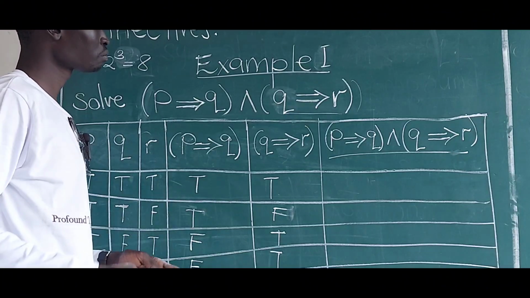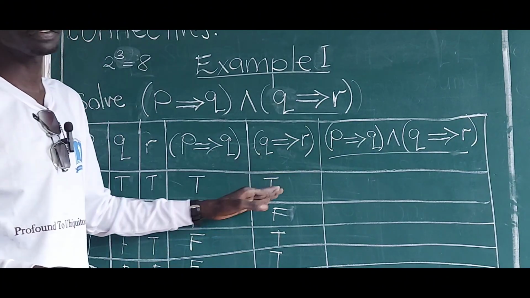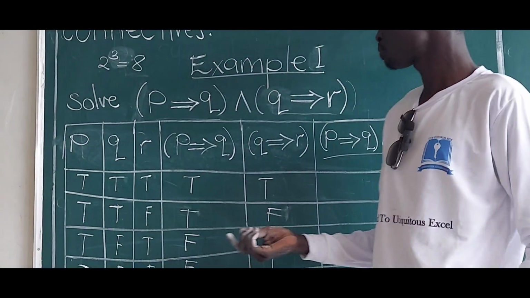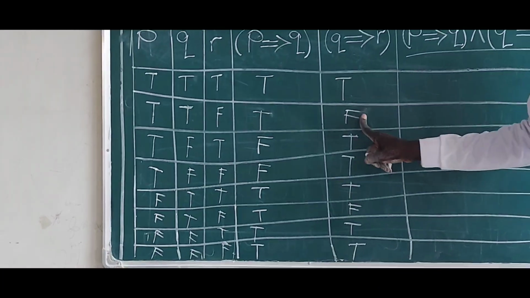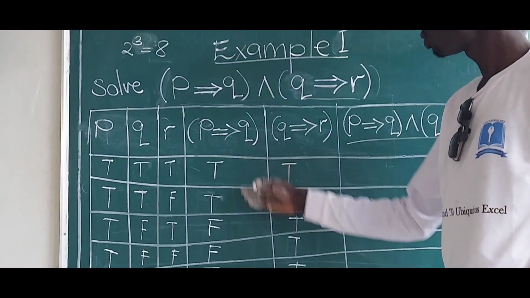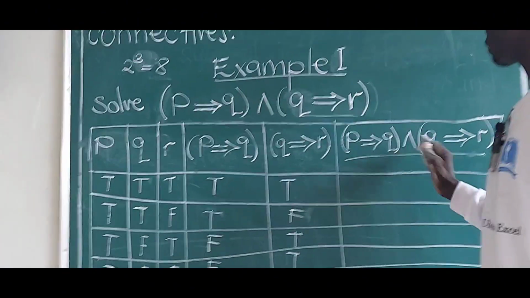Okay, now let us see how we can get for this. Okay, so it is just something simple. Let us see how we can get for the whole statement now. So after getting these two, now we are able to solve this.